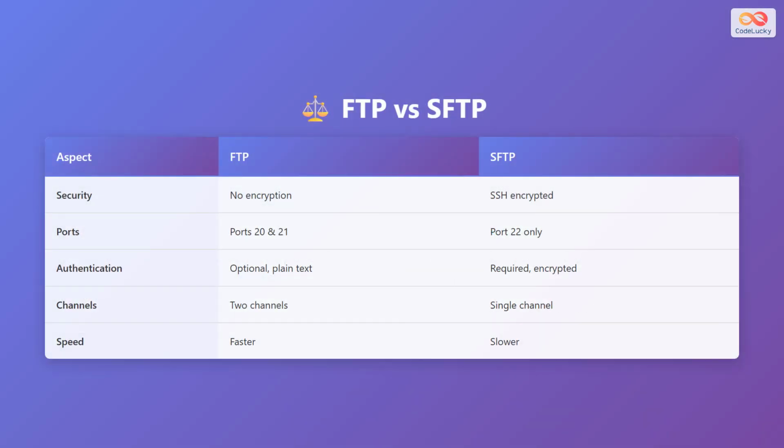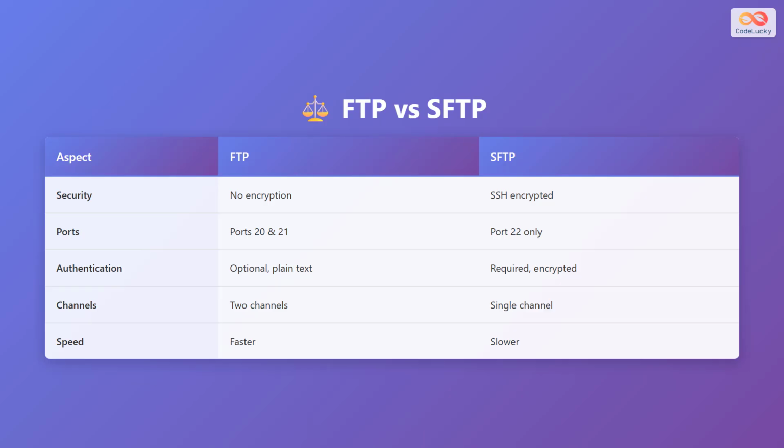Let's compare these two protocols side by side. In terms of security, FTP provides no encryption at all. Your data travels in plain text, while SFTP uses SSH encryption to secure everything. For ports, FTP requires two separate ports, port 21 and port 20. SFTP only uses a single port, port 22. When it comes to authentication, FTP offers optional and plain text authentication.